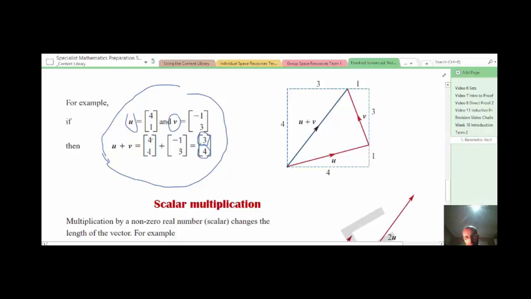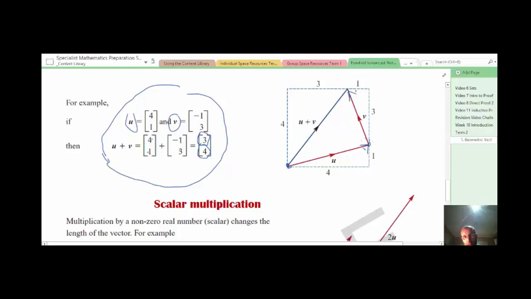Again, with the vectors geometrically drawn, if we have a starting point here, u to v head to tail, I would prefer if we put our heads on the end, so they go up against the tail of the other vector. If we try u plus v, we have a vector that's moved across a certain amount, and in this case the amount it's moved across is 4. It's then gone up 1.